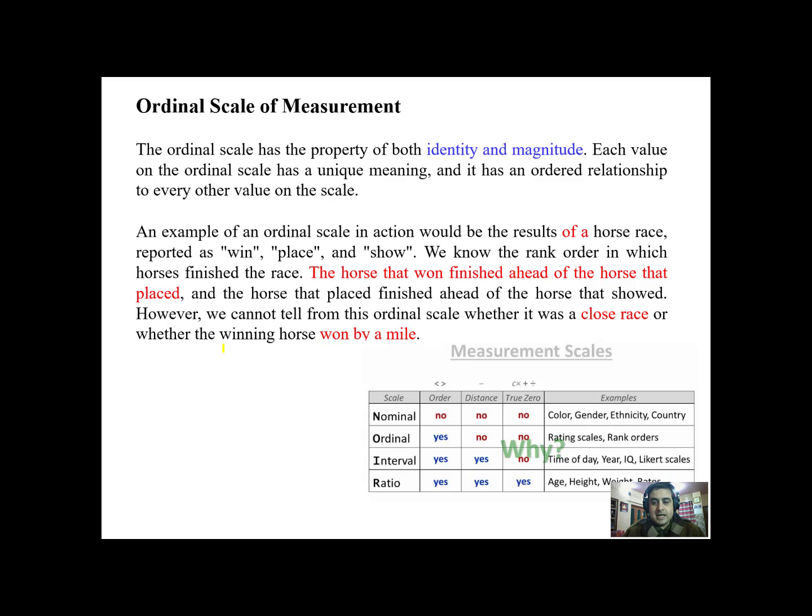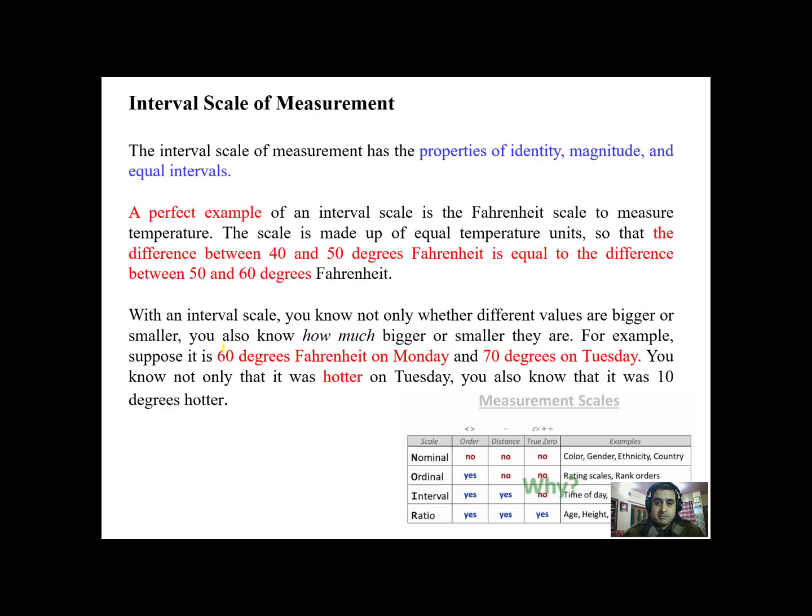But we can't say that it was a close race or that one horse won by a mile. So this scale has both identity as well as magnitude. Identity is the brown horse who won the race, and its magnitude is that it came first. This is how the ordinal scale of measurement has identity as well as magnitude.